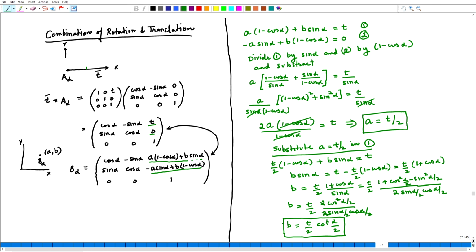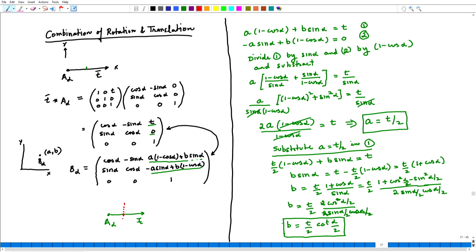So, therefore, where should the second rotation axis lie? So, I expect that if I started out with a rotation alpha with a translation t, the a coordinate is t by 2. So, we are right at the midpoint of this, and then one can go up.